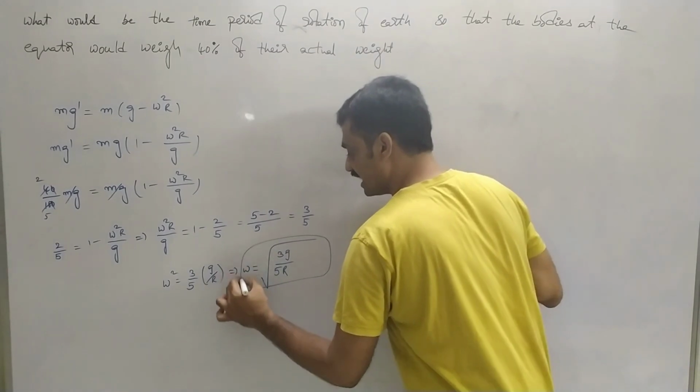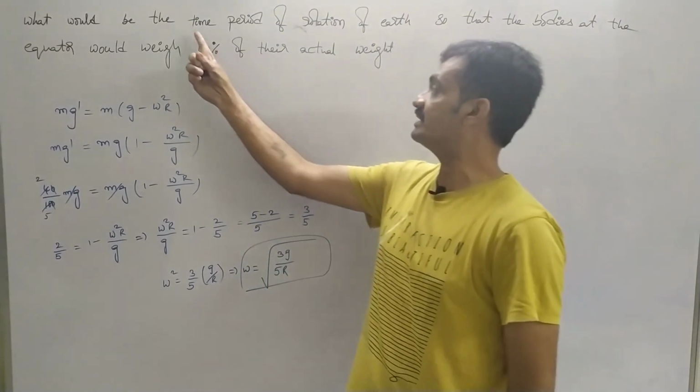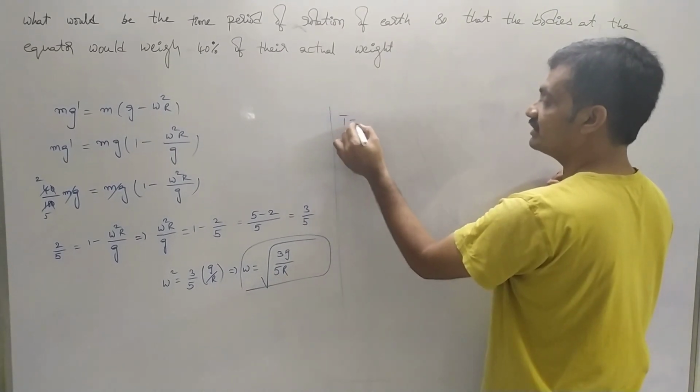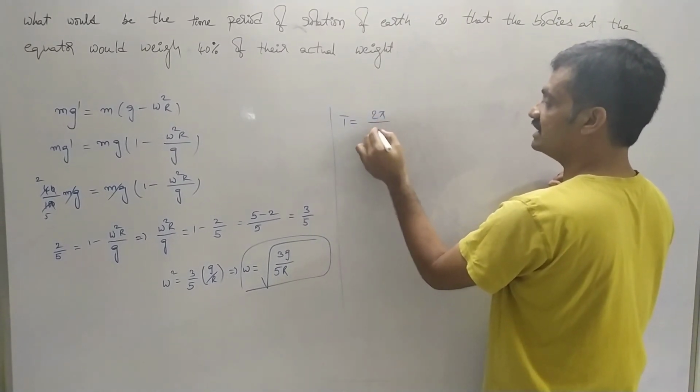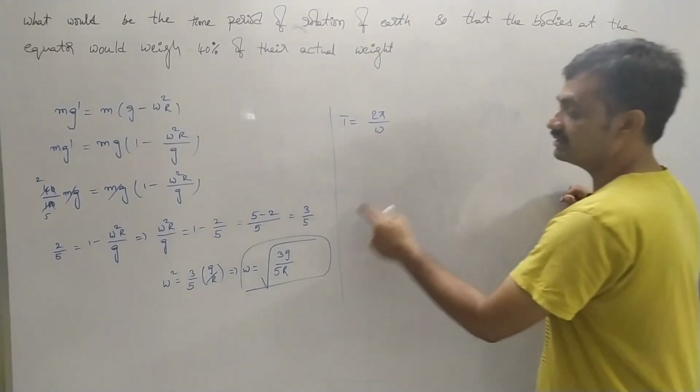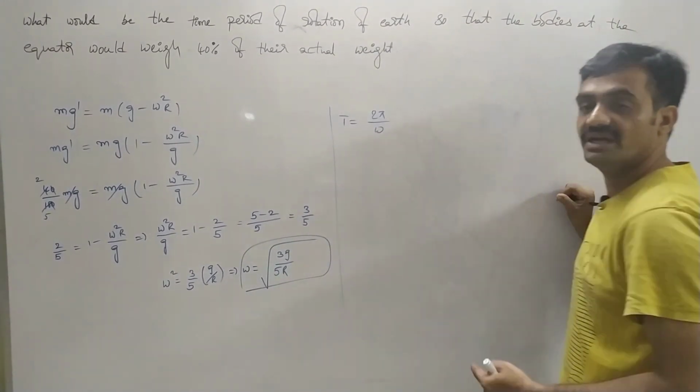This represents angular velocity, whereas we have to find the time period of rotation of the earth. We know that the time period is T equals 2 pi by omega, where omega equals under root of 3g by 5r.